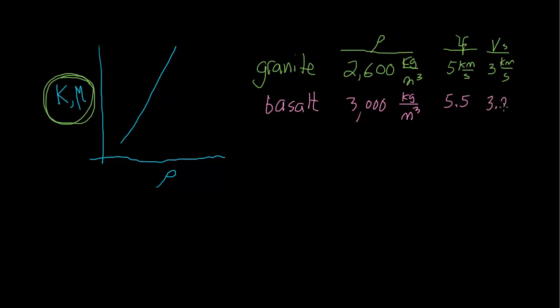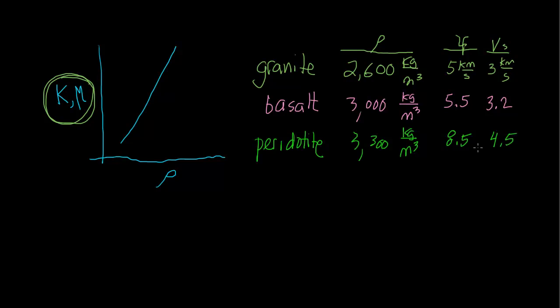The S wave velocity is about 3.2. And finally, if we go to a rock like peridotite, the densest rock, the rock of the mantle, it might have an average density of 3,300 kilograms per meter cubed. It is, however, a much more rigid rock, and so its P wave velocity is much greater at about 8.5 on average, and its S wave velocity might be about 4.5.